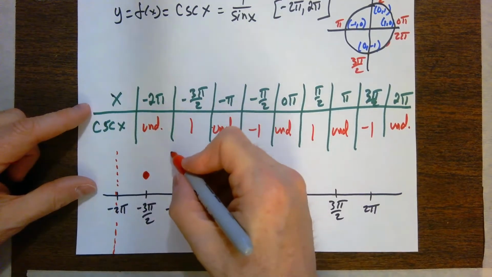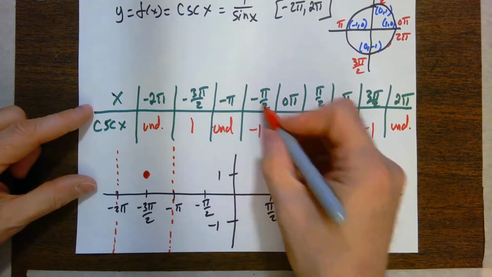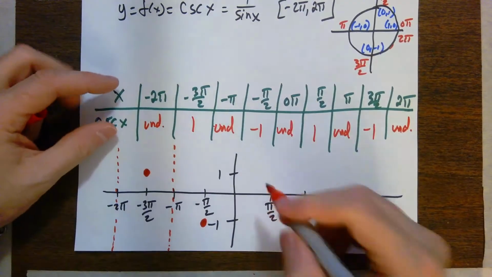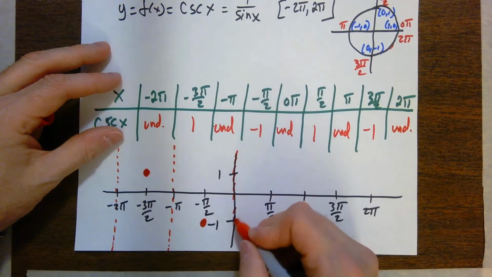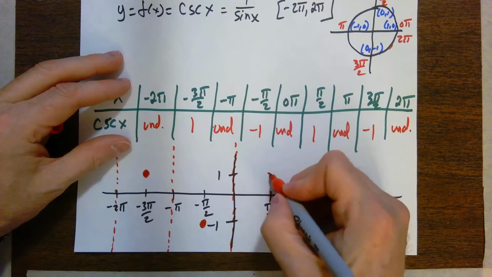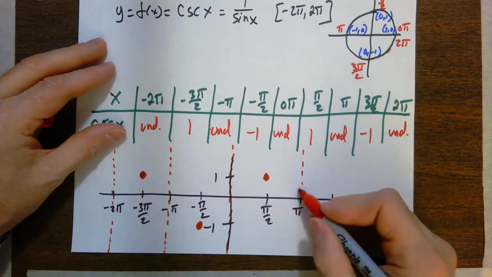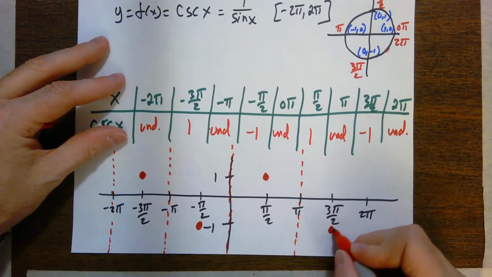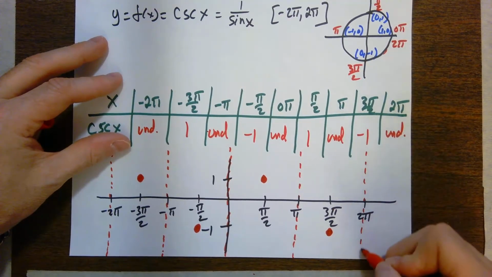At negative pi, asymptote, undefined. At negative pi over 2, negative 1. At 0 pi, undefined, asymptote. At pi over 2, positive 1. At pi, undefined, an asymptote. At 3 pi over 2, negative 1. At 2 pi, undefined, an asymptote.